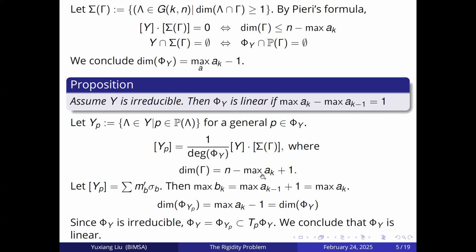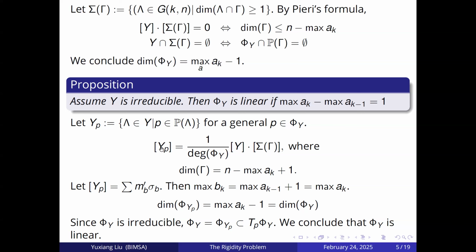So gamma is of the minimal dimension so that the intersection product is non-zero. Under this condition, phi(Y) would meet the linear space gamma in finitely many points. The number is given by the degree of phi. And thus at each point, the class of Y_p is given by the intersection product divided by the degree, the number of points.